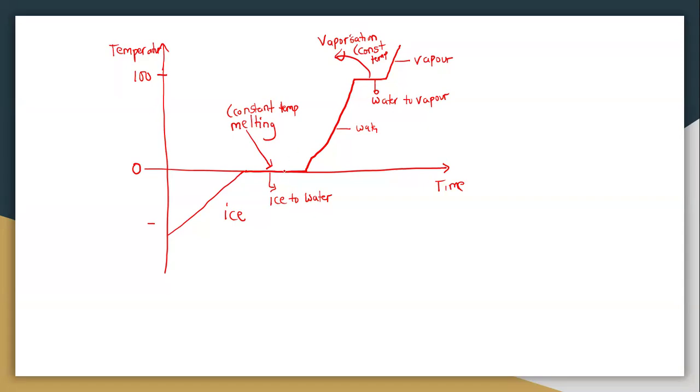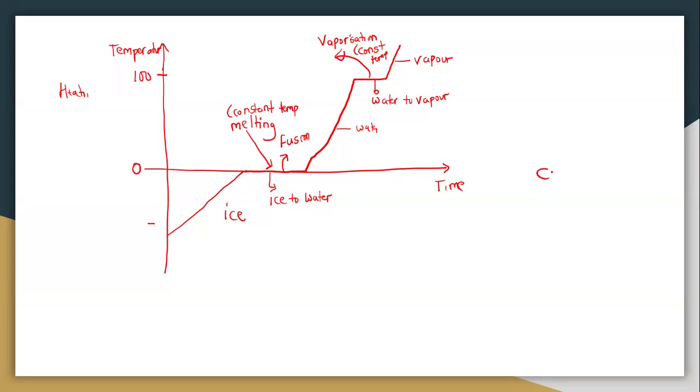And at this point, when we have a change of state from ice to water, we shall be calling it the latent heat of fusion. Latent heat of fusion means a change of state from ice to water at constant temperature. When we talk about vaporization, it means a change of state from water to vapor at constant temperature. So this is how a heating curve looks.